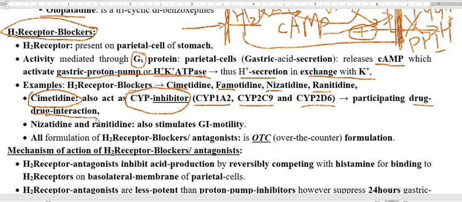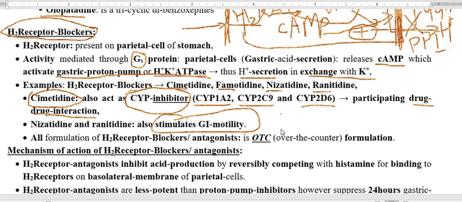Regarding drug-drug interactions, we already discussed this in the previous class. However, among all four H2 receptor antagonists or blockers, like cimetidine, famotidine, nizatidine, and ranitidine, nizatidine and ranitidine are also stimulating GI motility.